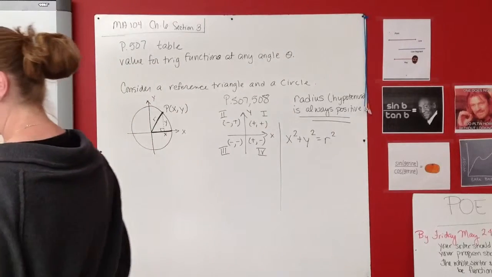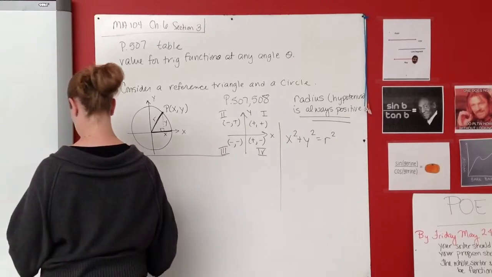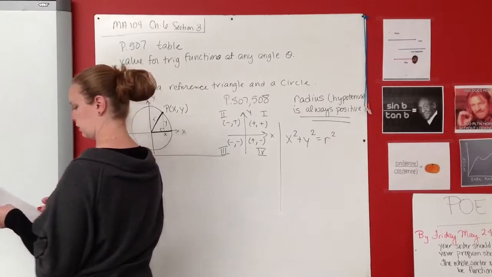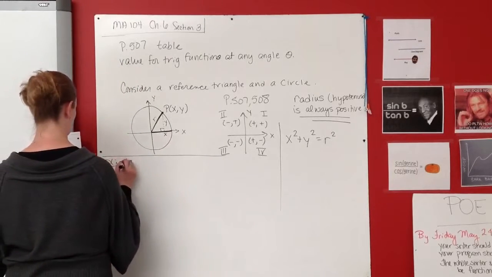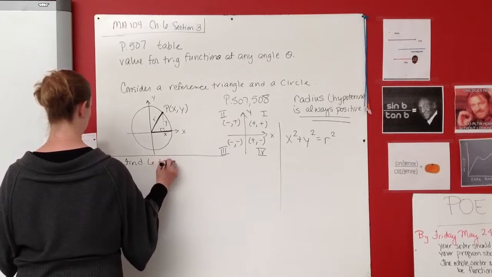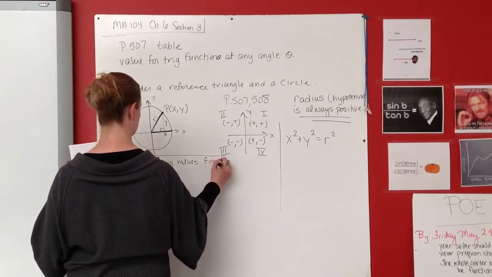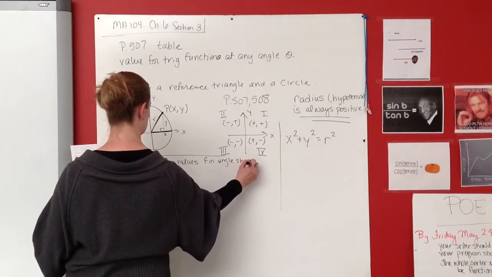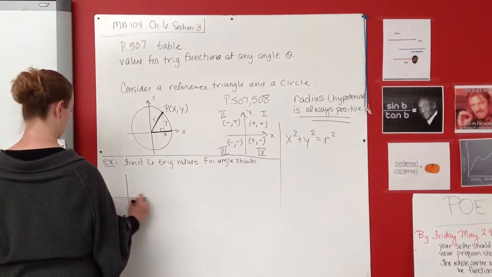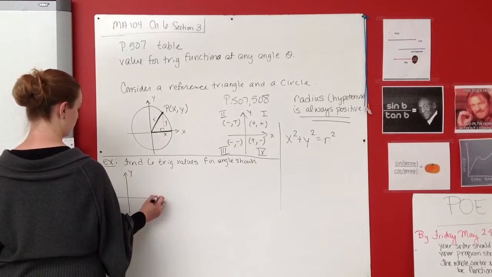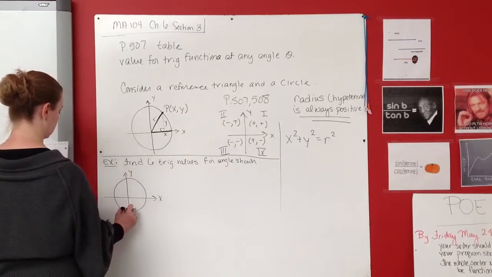Okay? So let's look at an example. Find the 6 trig values for the angles shown. Let's look briefly at one of them here. There are a number of other examples in the text that are probably worthwhile to take a look at.